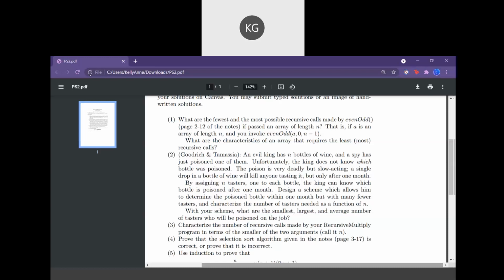So you can't just have one guy try it and see if he dies, and then try the next one and see if he dies, because you're not gonna know for a whole month. So that's why they have that 1 month part in it. And then it says we have n tasters, and the original plan is to have one to each bottle, but we want a new plan that's gonna take fewer tasters. So does anyone have any ideas?